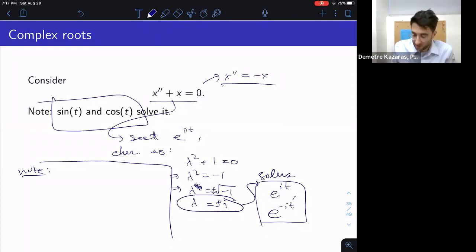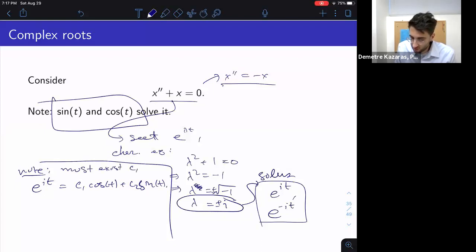So as a consequence of that, e to the it must be able to be written as multiples of sines and cosines. So c1 cosine of t plus c2 sine of t. There must exist c1 and c2 that make this happen.